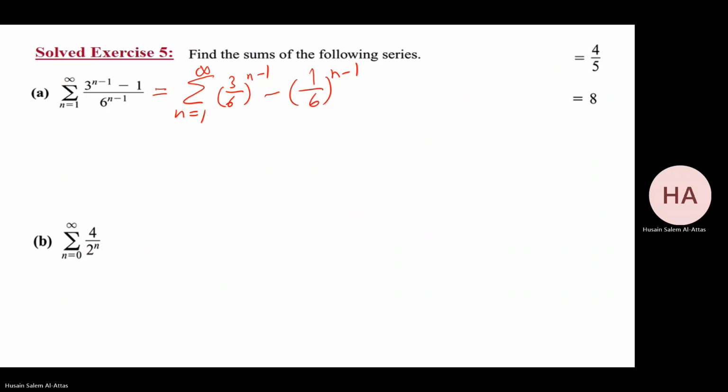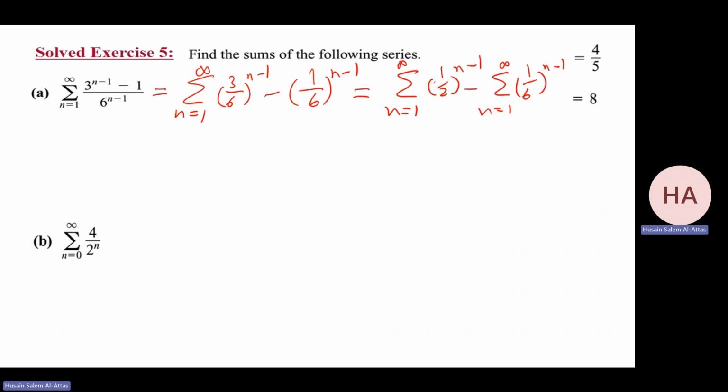Let me make it 2 different series. This is half to the power n minus 1, minus 1 over 6 to the power n. I know they are convergent, so I can do this.